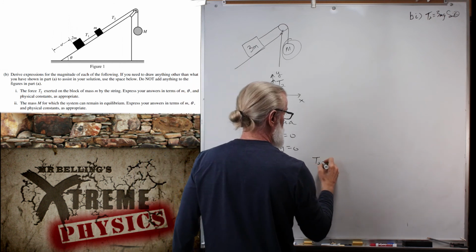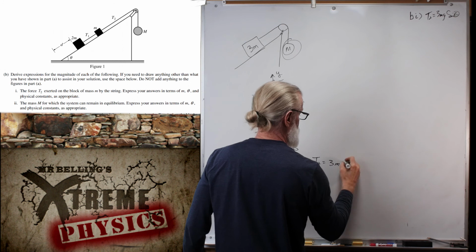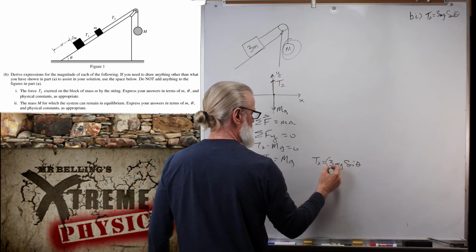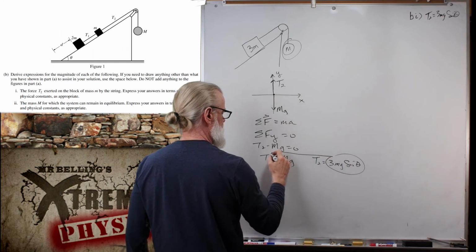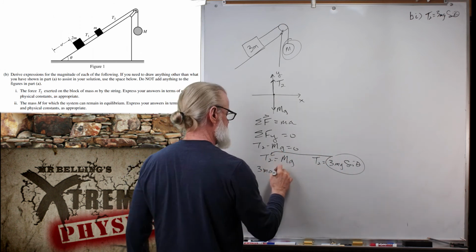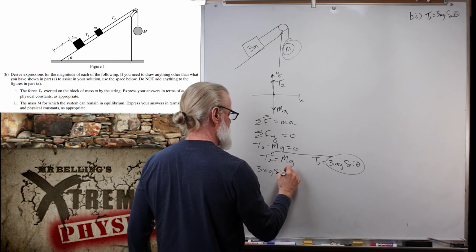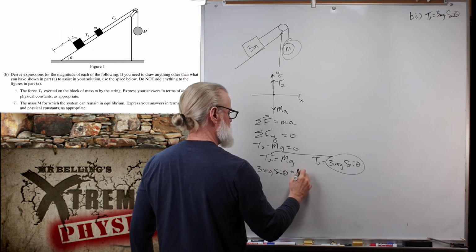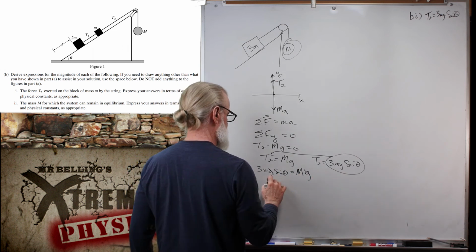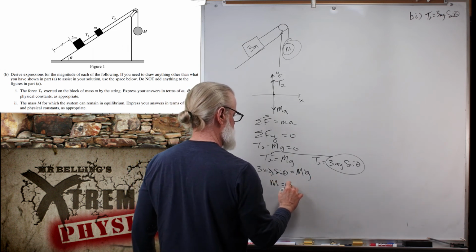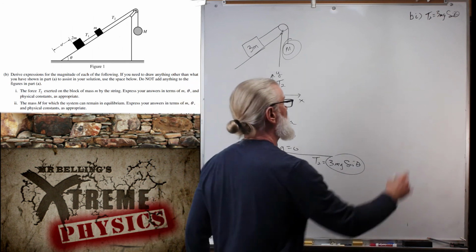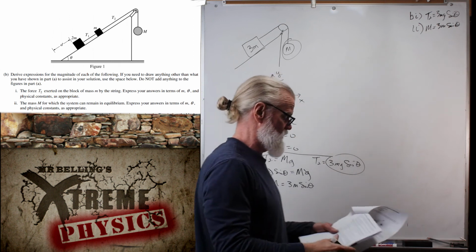We said T2 equals 3mg sine of theta, so we end up with 3 little mg sine of theta equals Mg. The g's can go away. So I guess M equals 3m sine of theta. All right, I guess that's M. Certainly the units work out.